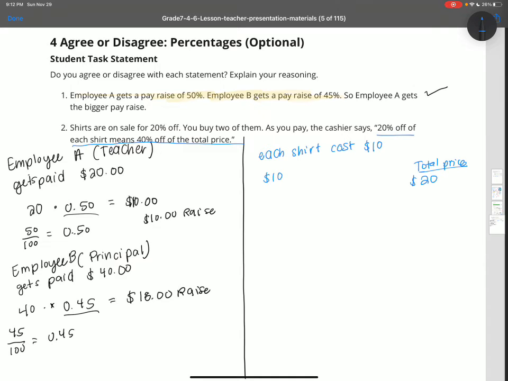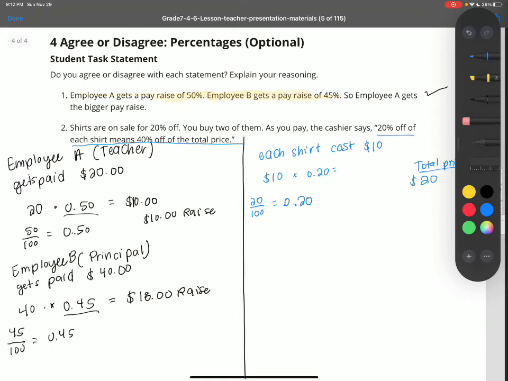All right, so we need to figure out what's 20% of 10. Remember, to turn a percent into a decimal, 20 divided by 100 is equal to 0.20. So times 0.20, it should be $2. Like I said, I'm quickly multiplying this because I just want to prove a point.